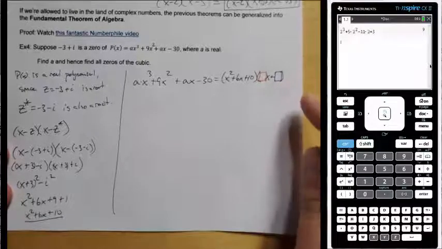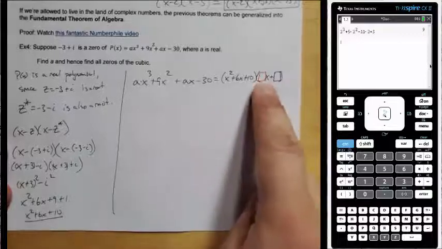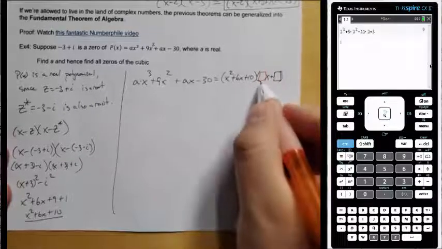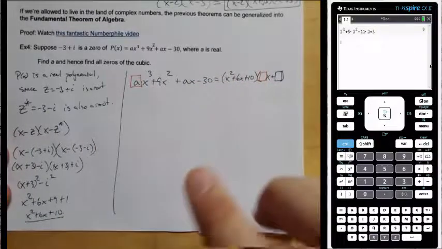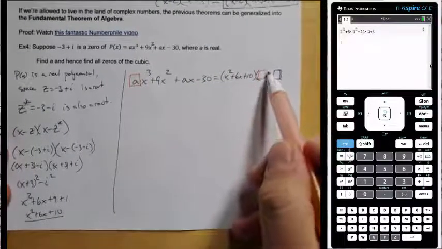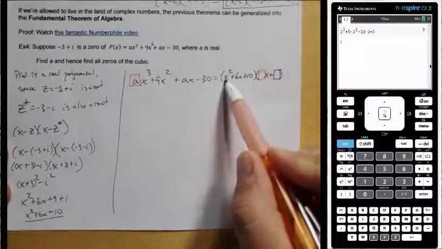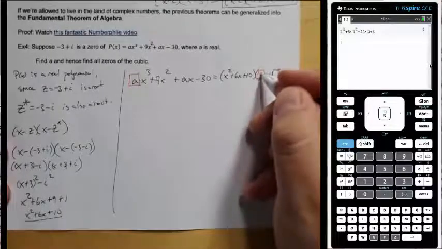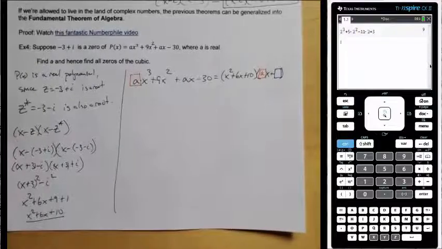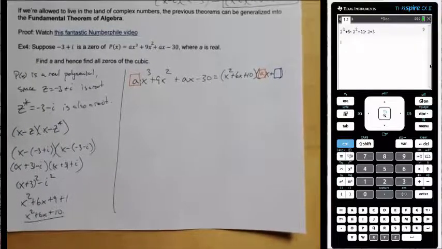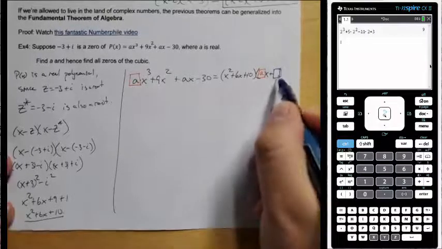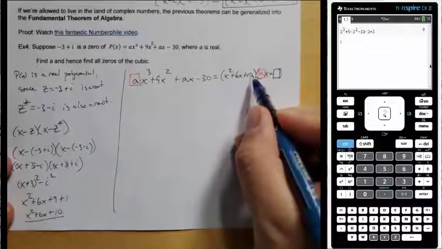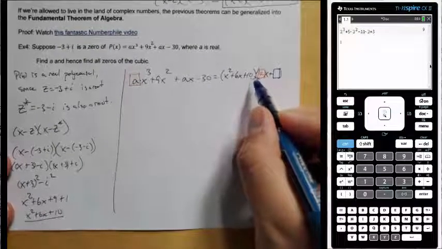I think that whatever this orange thing is, it has to be the same as a. Because in order to get the x cubed term, I'm going to take this term and FOIL it with this x squared term. So whatever this is, it's a. I think we can figure out what this blue term is, because when it multiplies with 10, that's the only way to get a constant term.